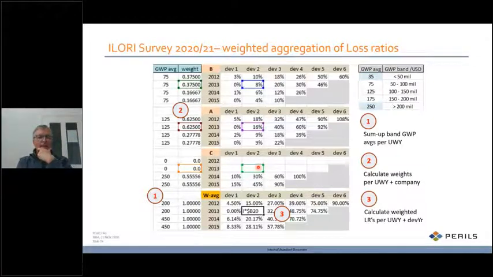The lowest company C does not contribute to this because it doesn't have any business yet in the underwriting year 2013.